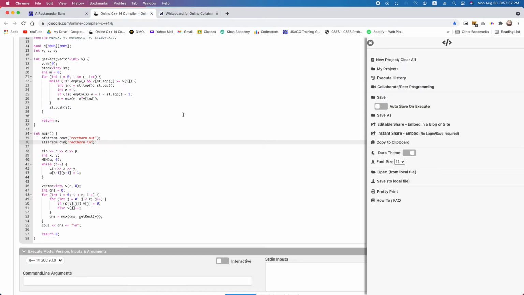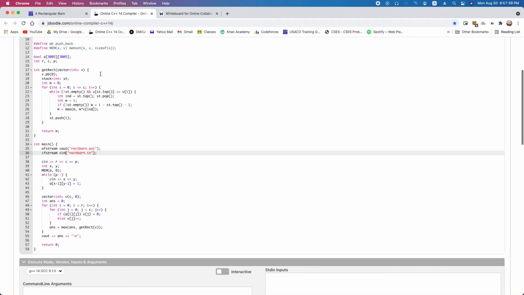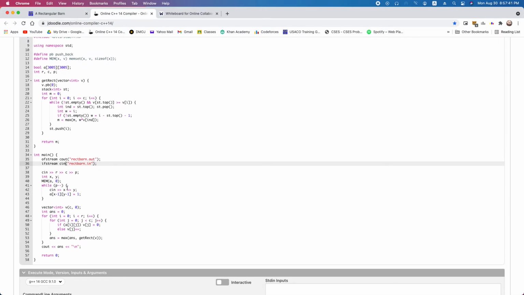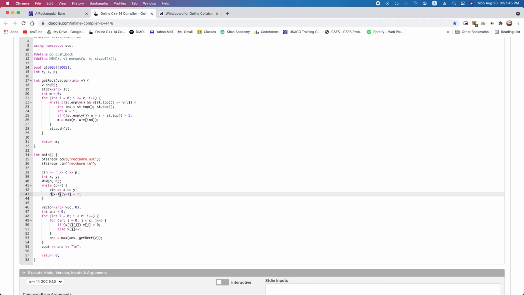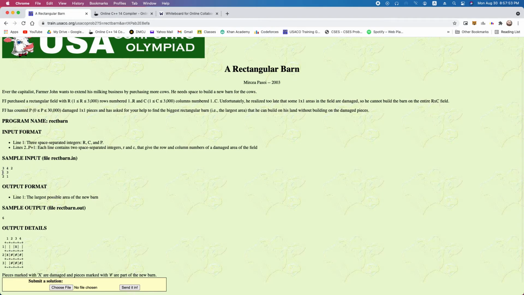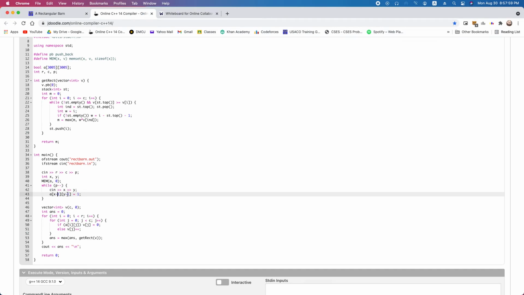So here's the code. It's very simple to code. First of all, we would have these inputs read in, and then I will create this 2D array here. I subtracted the row and column numbers by 1 because this row and column starts at 1, so it's 1 indexed, but I changed it so that it's 0 indexed.